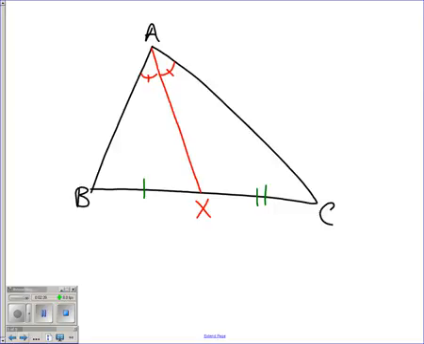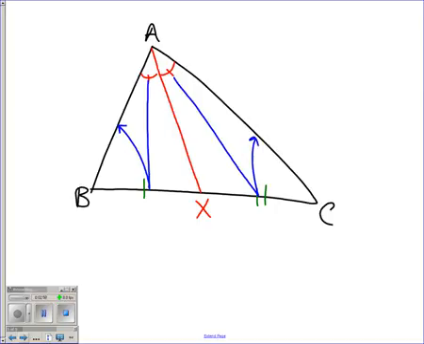However, look at the splash effect. If you come down from the angle that's been bisected and hit that side, BX, and then bounce back up to the original side of the triangle, that length, that ratio, is the same as this splash effect over here.